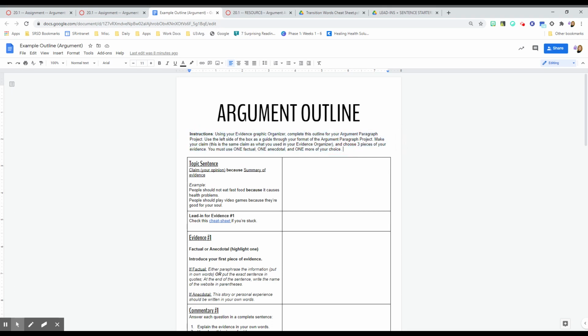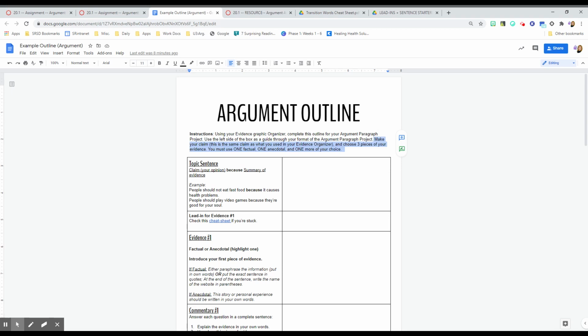I do want to make this part super clear: you are going to be making your claim, which is the same claim, that topic that you have been working with, whatever is helpful or harmful, whether that's fast food or zoos or social media or video games. So you need your claim, that same one that you've been working with, as well as that evidence organizer.